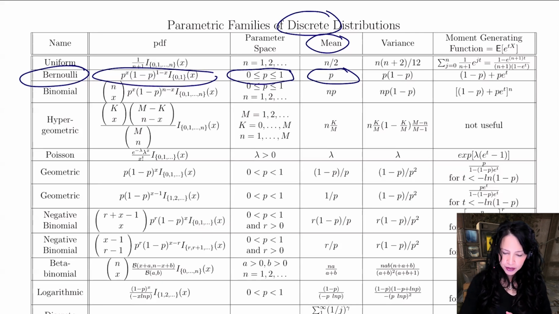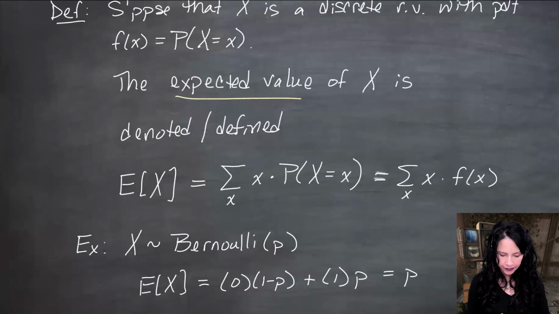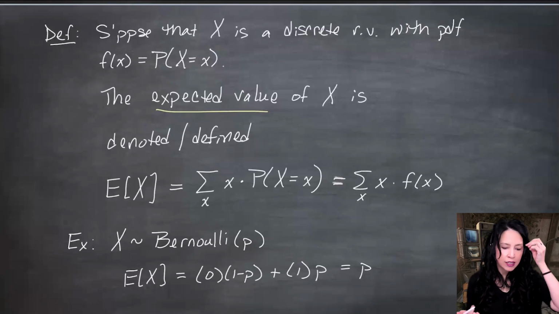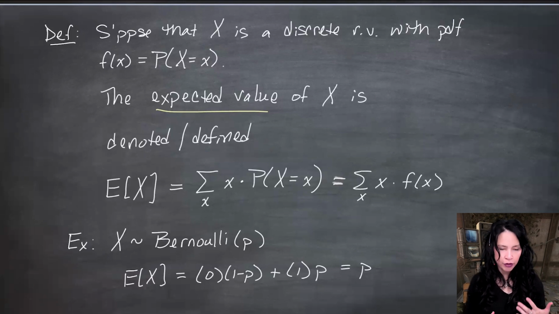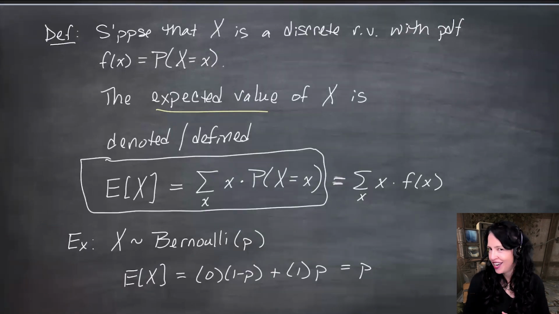Okay, let me go back to my board here. So we just did two examples of an expected value for a discrete random variable. And now I want to define it for a continuous one. I think that writing this is plenty good for defining the expectation in the discrete case.